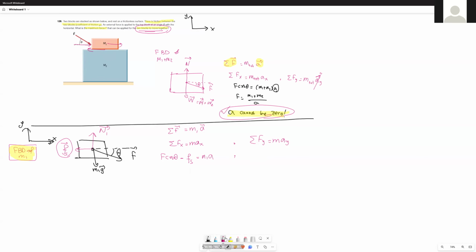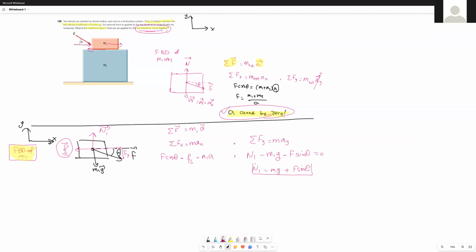On the y-axis, I have N1 minus M1G minus F sine theta, the y component of F. This is going to be Fy, which is F sine theta, and this is going to be Fx, F cos theta. And this N1 is going to be equal to M1G plus F sine theta.